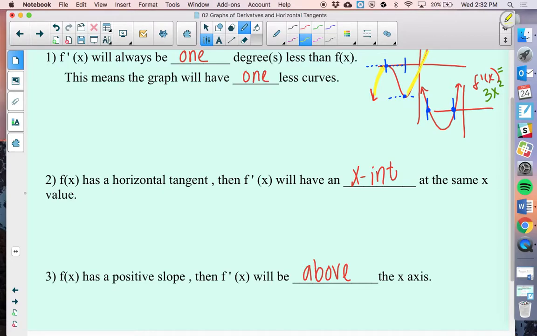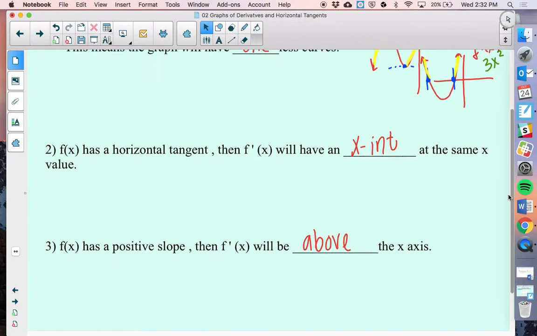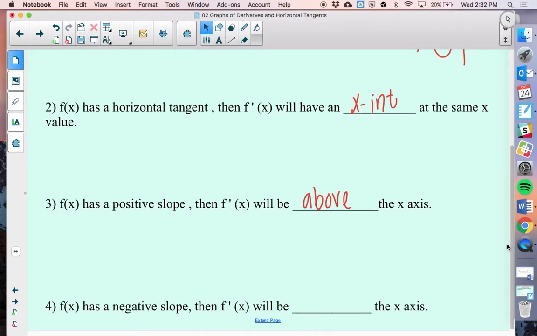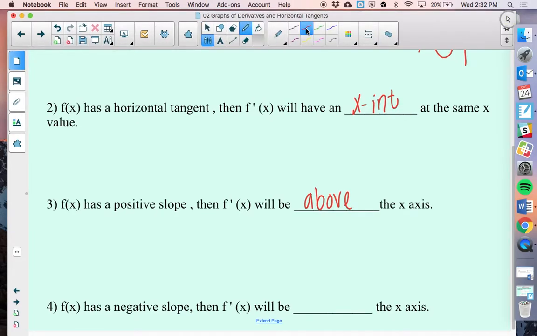So if I go to the graph of the derivative, then the derivative must be positive, or above the x-axis. If I think about the opposite, if f of x has a negative slope, then f prime of x will be below the x-axis.